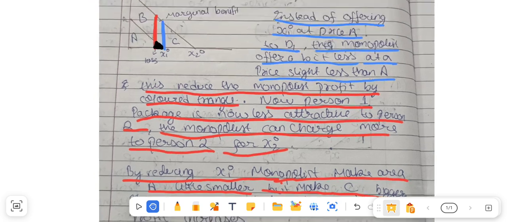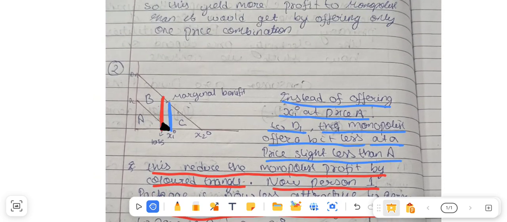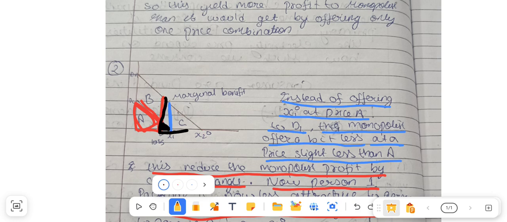Why? Since the area of A has decreased, but now the high demand group would have to pay more to consume a much larger amount of good.